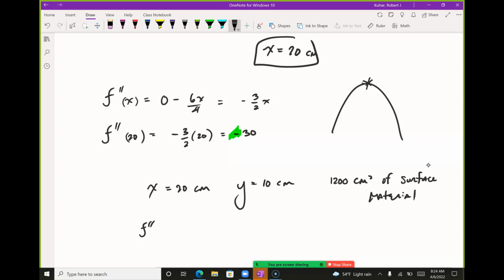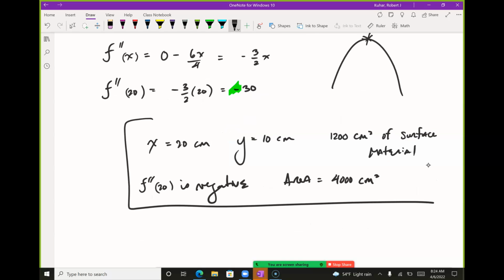F double prime of 20 is negative, and the only thing left to find is the volume, which is x times x times y. So 20 times 20 is 400, times another 10 is 4,000 centimeters cubed. Is that right?